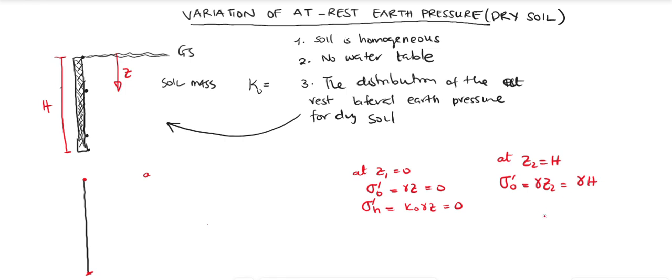Now the gamma here is the unit weight of soil mass.